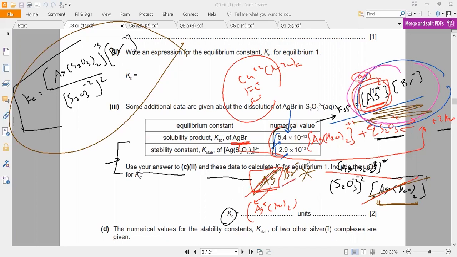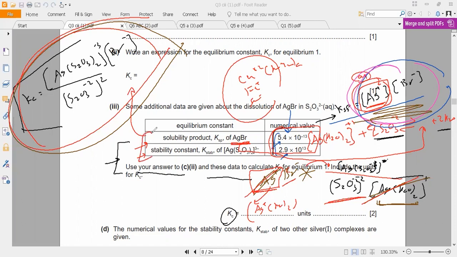And Br- will be multiplied by this one over this S2O3 2-. We end up with Kc. The equation we get is similar to Kc. So I will multiply these two numbers to get the Kc value. Okay, guys? So whenever you are given more than one K value, and you are asked to calculate a certain K from these Ks, you are supposed to multiply them or divide them.